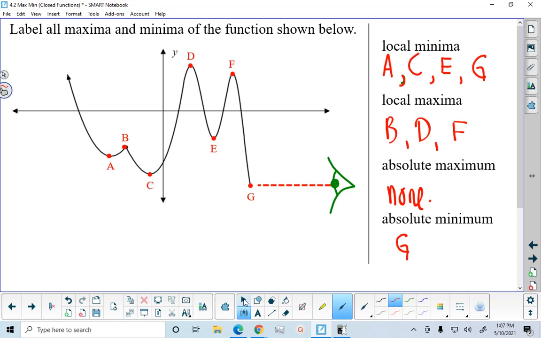And I'm going to come back to this graph a little bit later and explain to you why each and every one of those points has a derivative that's equal to 0 or a derivative that's undefined. In other words, piggybacking off of Friday's lesson, these are all critical values for the derivative. So keep that in mind.